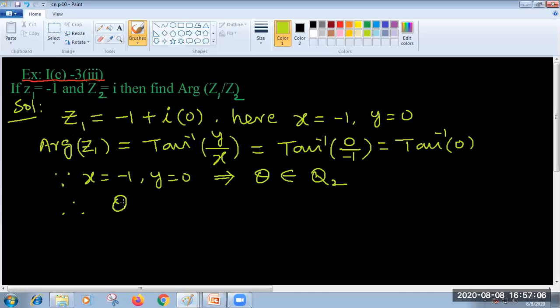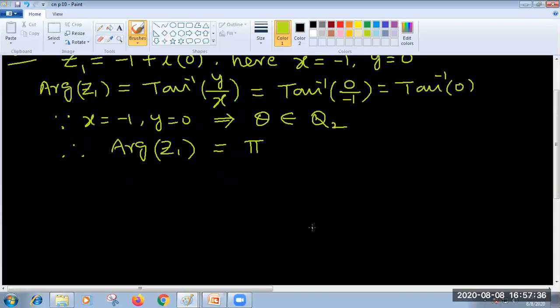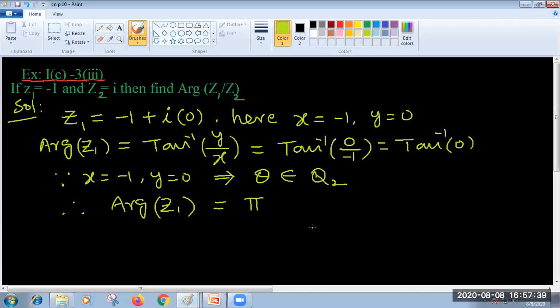But next, in the second quadrant, tan 180 is 0. So now the angle is 180. So you can take it as the argument of the first number, argument z1 is equal to pi. Similarly, we have to calculate the argument of the second one.